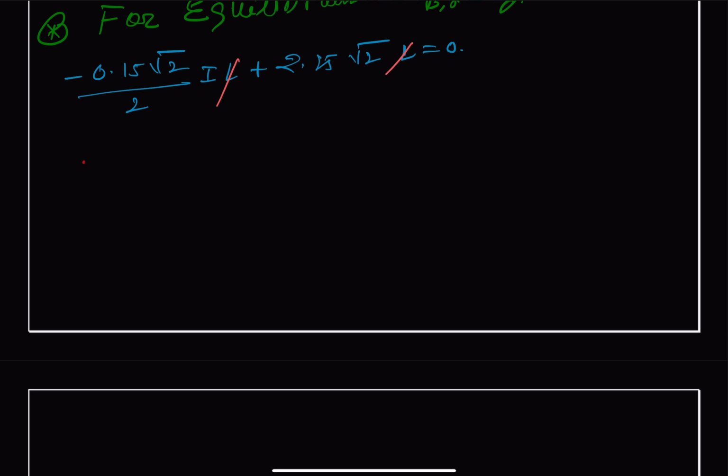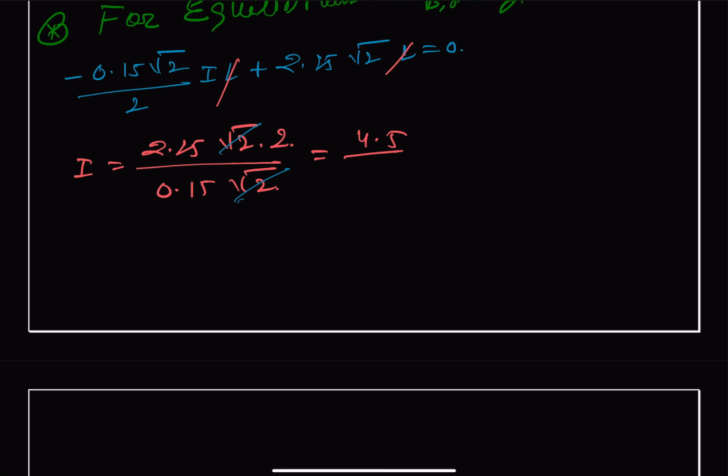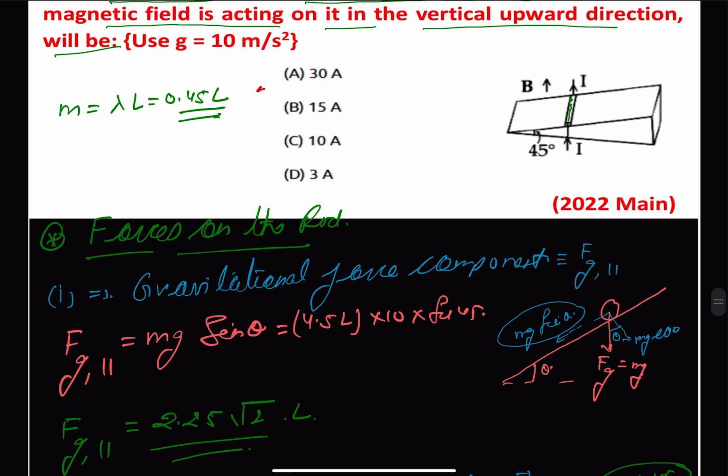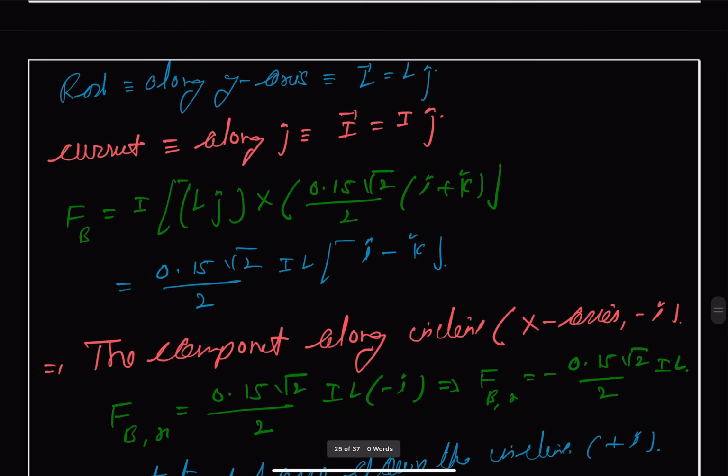So our current I will be equal to 2.25 square root of 2 multiplied by 2 and divided by 0.15 square root of 2. Square root of 2 cancels out, and this comes as 4.5 divided by 0.15, which is 30 amperes. So option A is correct.